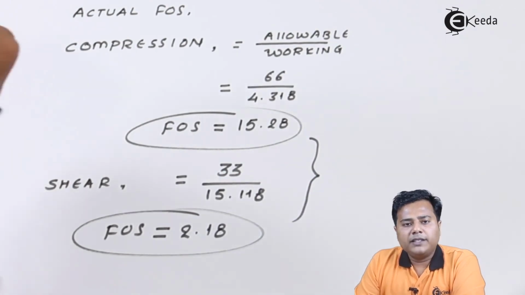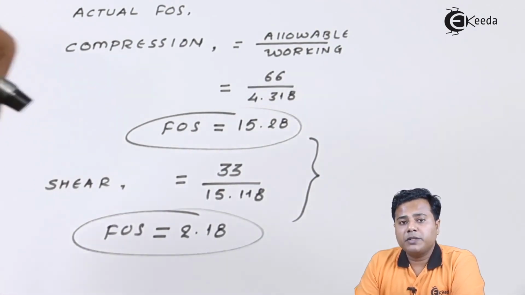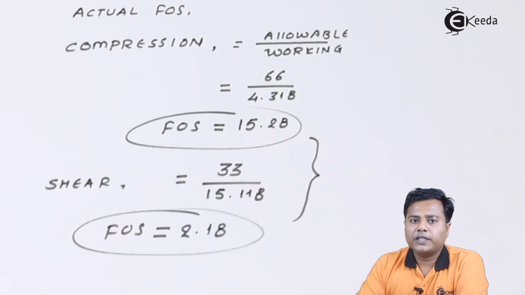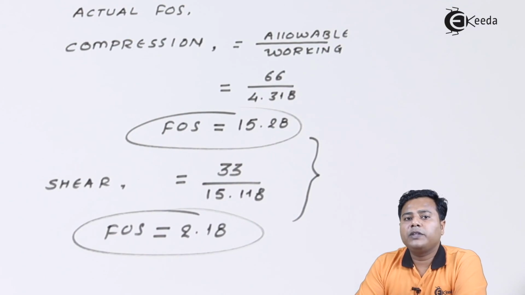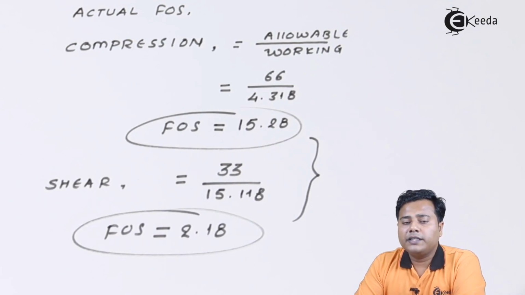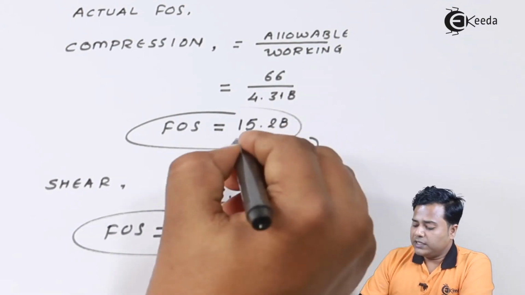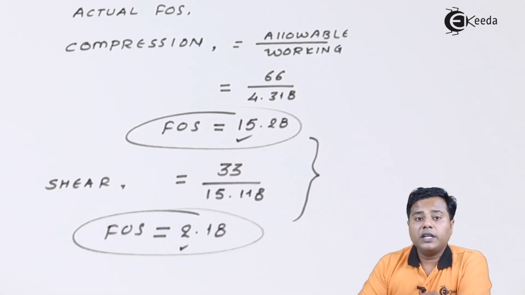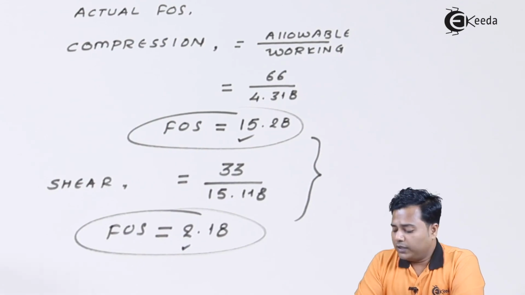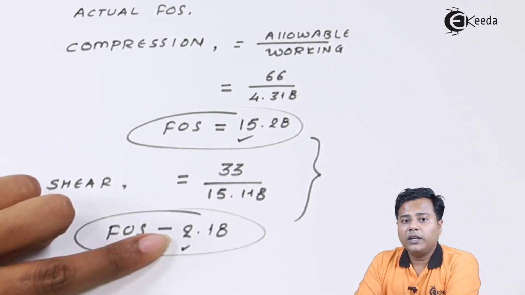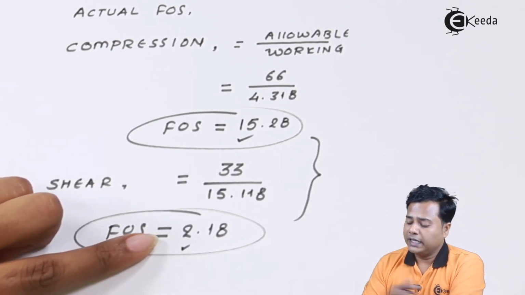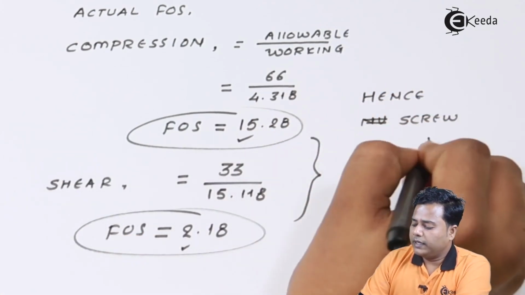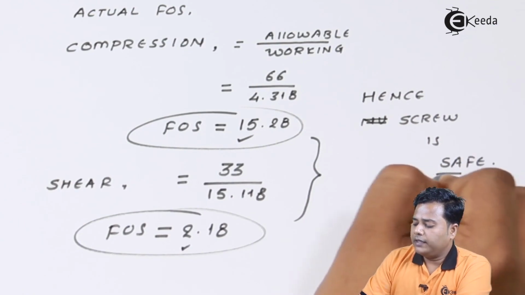If in some case a factor of safety is specified, then we have to tally these values with the given factor of safety. The original factor of safety which we had considered for the design purpose was 5. This is truly not safe as per FOS 5. But since it is greater than 1, we can say that superficially our design is safe, and hence the screw is safe in design.